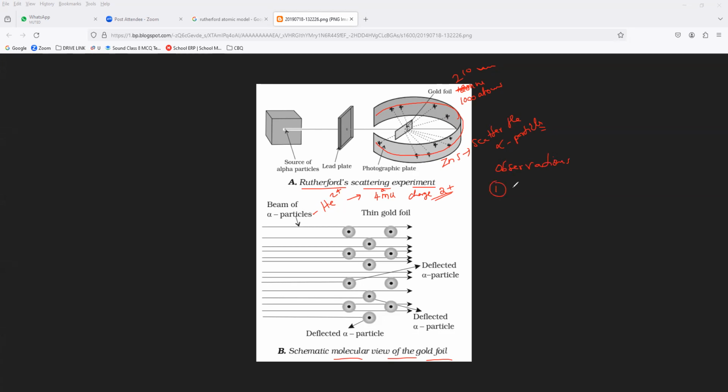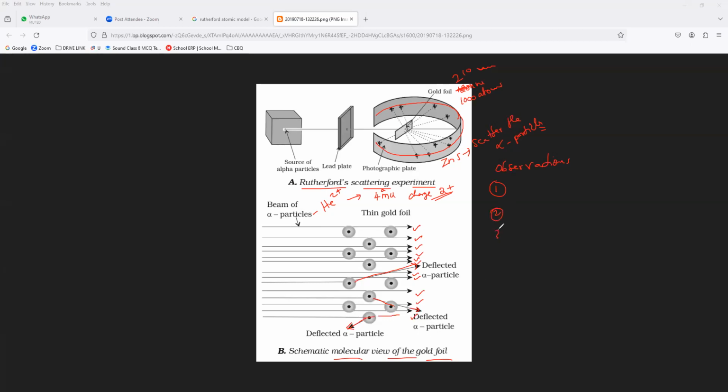The first observation is that most of the alpha particles pass through the gold foil without any deflection. Are you all clear? Second observation: a few alpha particles are deflected by a small angle and a few alpha particles are deflected by a greater angle.